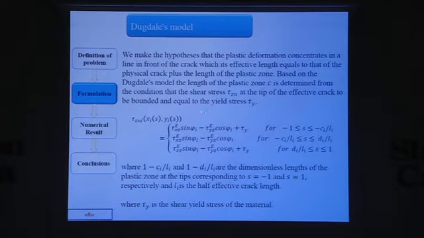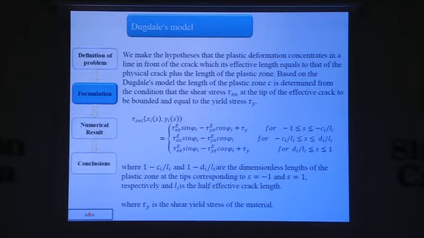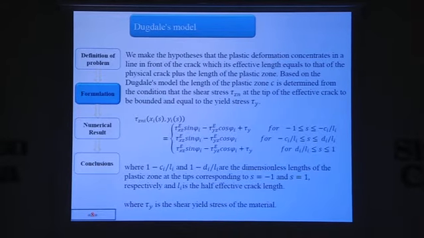We will consider the yield shear stress at the plastic zone ahead of the crack tip. And by specifying the ci and di, you can see in the previous figure, by finding the ci and di, we can estimate the size of plastic zone. And this is the left side of the equation.